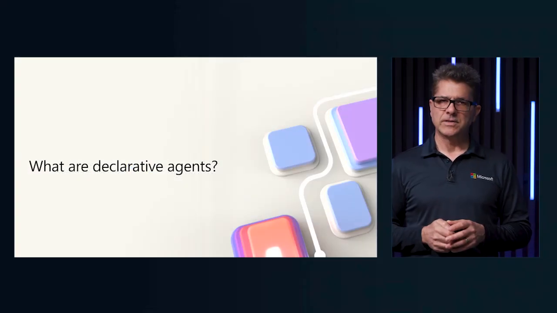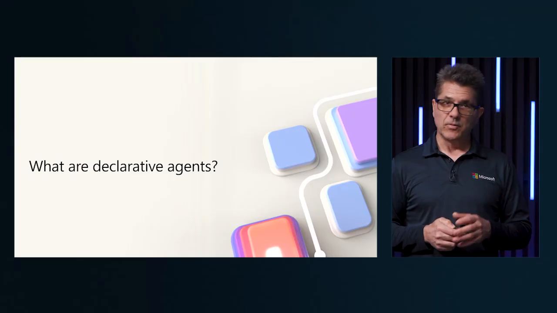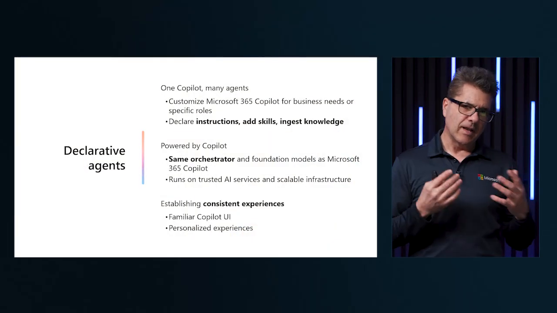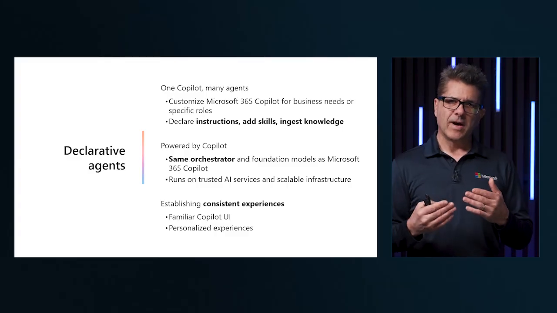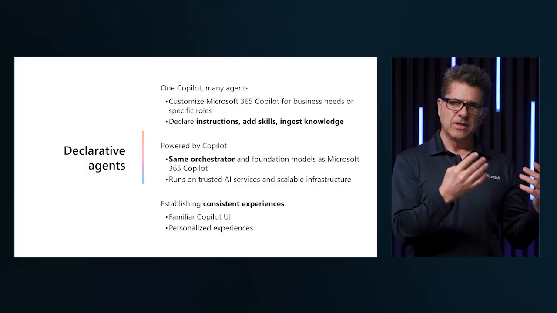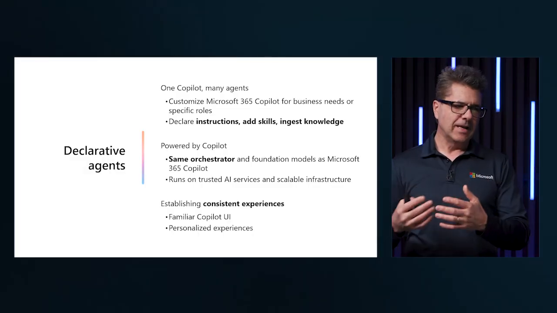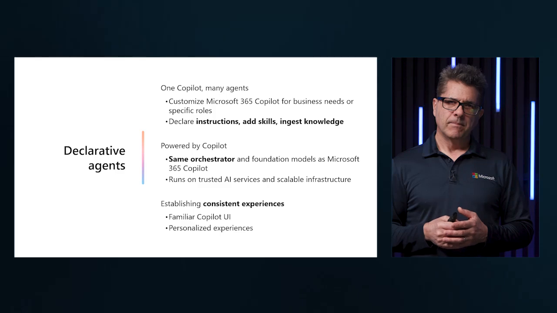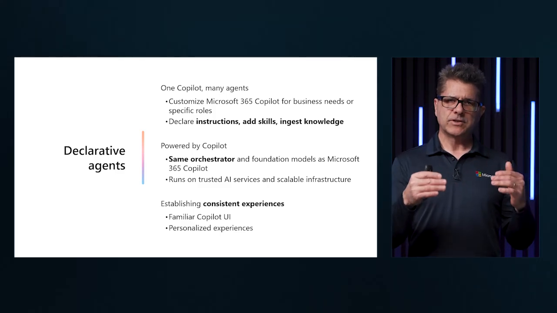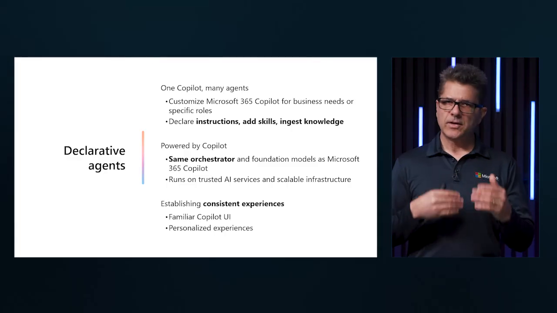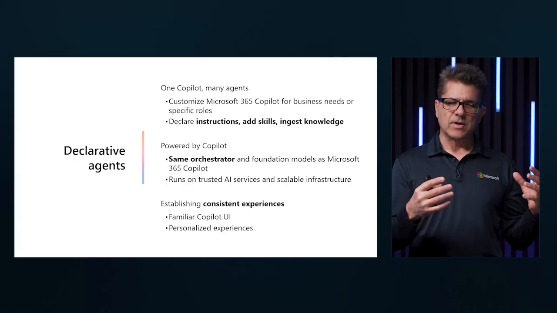Now, what are declarative agents? We're going to spend a little bit of time on the declarative agents. Declarative agents allow you to customize Microsoft 365 Copilot by declaring instructions, actions, and knowledge that you want the agent to use. They run on the same infrastructure and AI services. So we are not going to customize any resources in there.